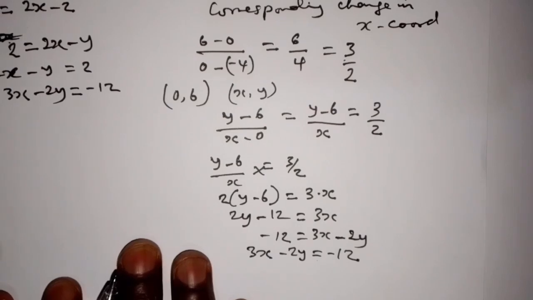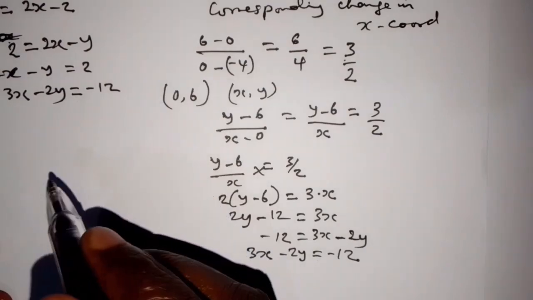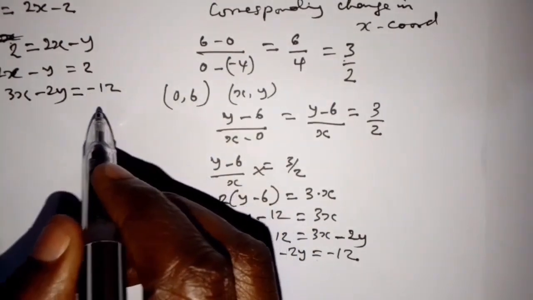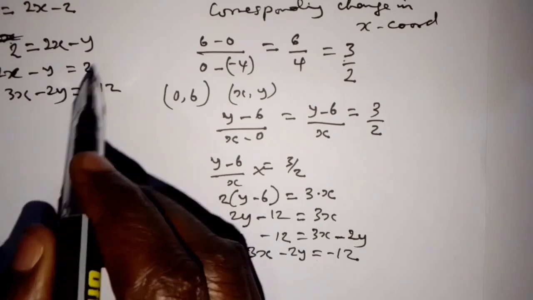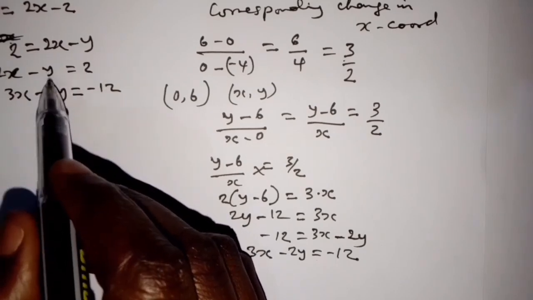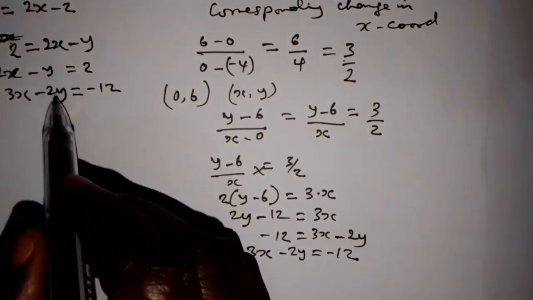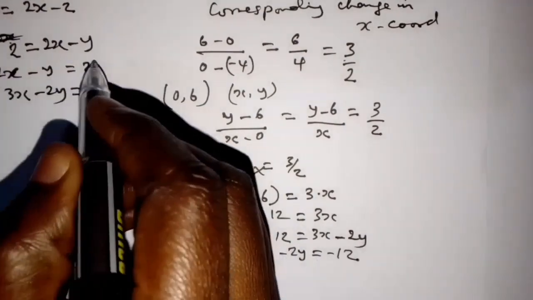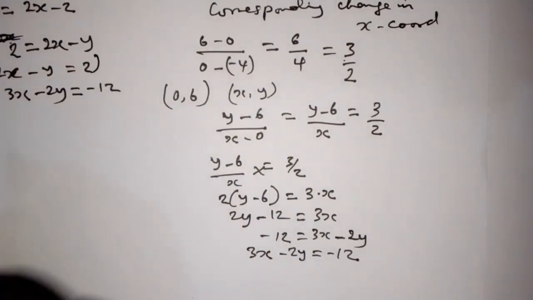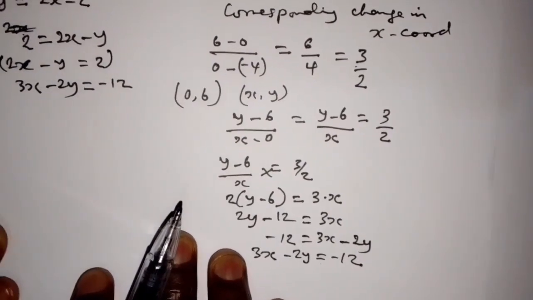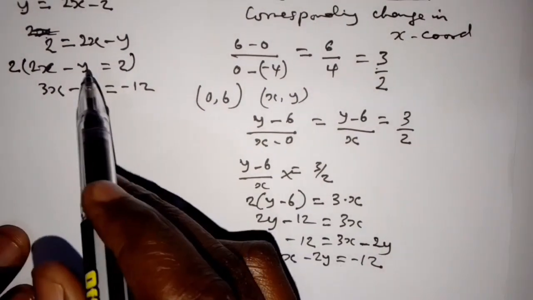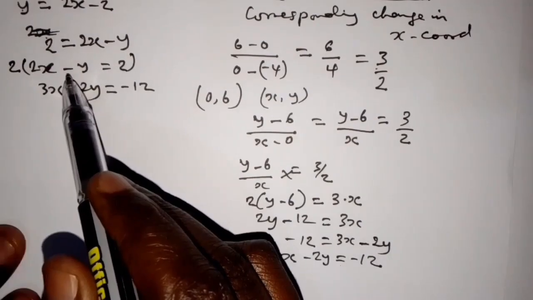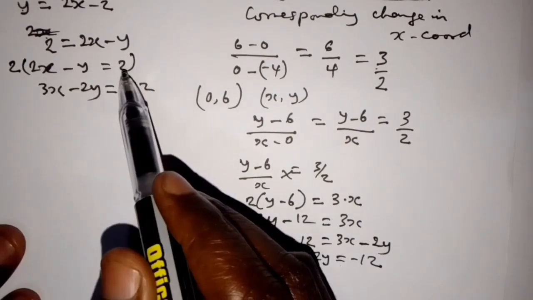We can get rid of y here by multiplying here by 2.